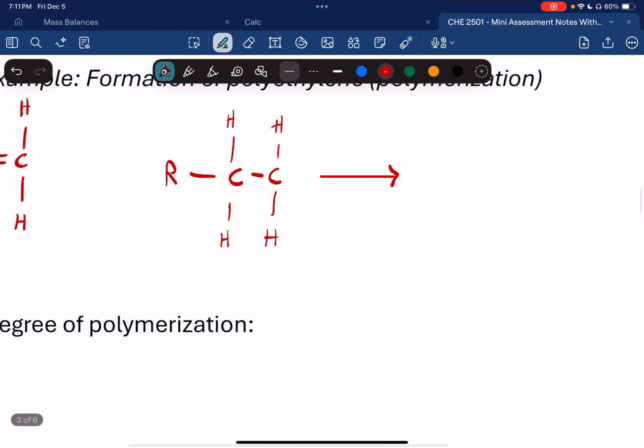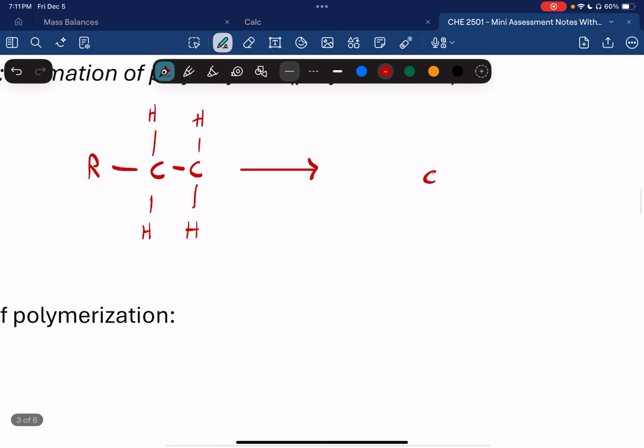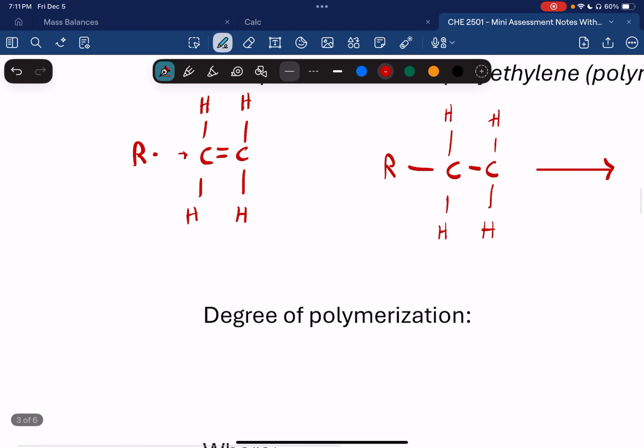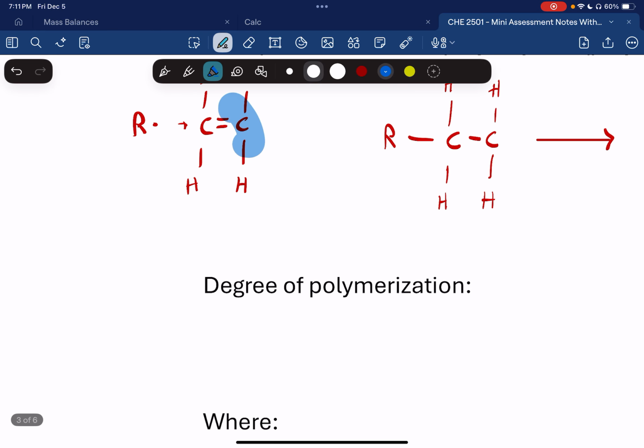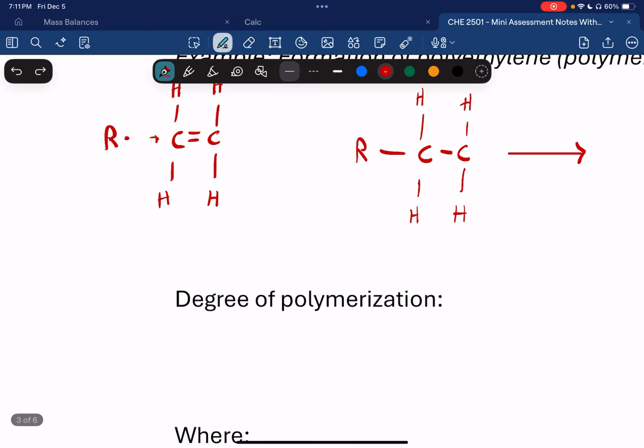So let me draw it here. You're essentially going to get this guy right here coming over and attaching himself to this chain here.